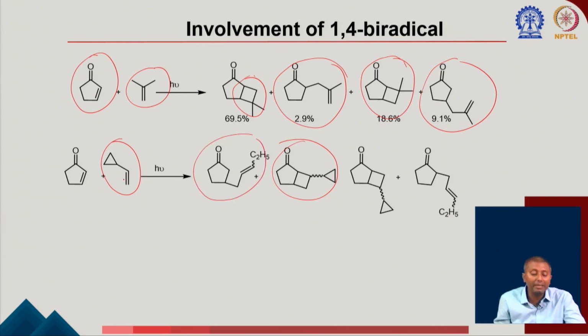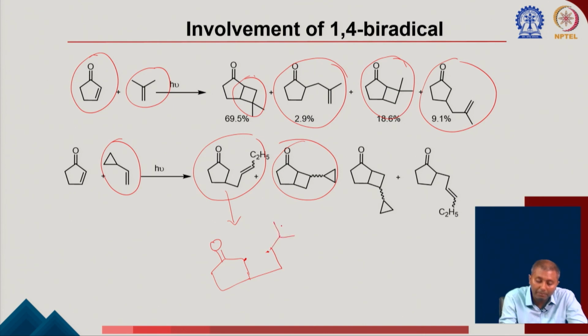So this indicates why this is happening, because if you try to think about how this product is forming, this is definitely happening because you have a radical species here, and you have a cyclopropane here, correct.